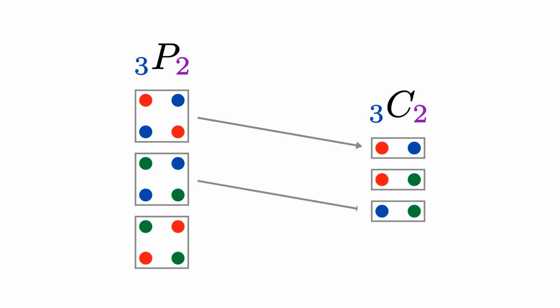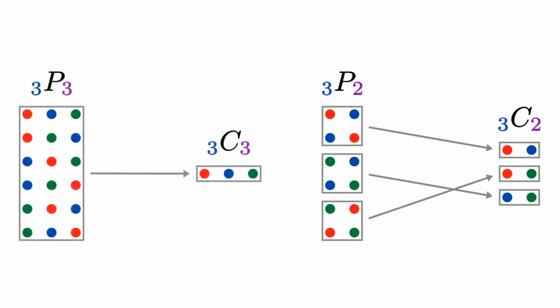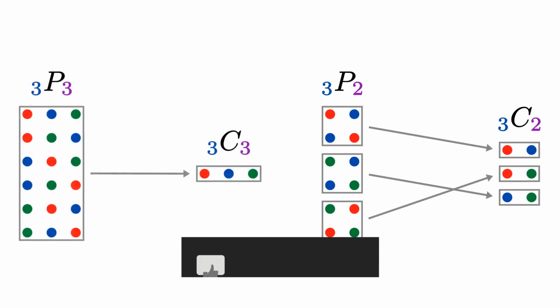This makes sense because remember, with combinations, we're concerned with the distinct groups that we can form. So if there are permutations that contain the same colors, of course they're going to map to a distinct group. I thought this was an important relationship to point out because it helps us understand the formulas for calculating permutations and combinations. But we're not going to be touching that today in this video.